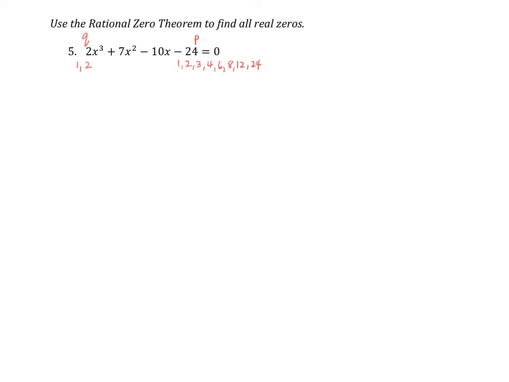Okay, so our possible rational zeros are plus or minus 1 over 1 and 1 over 2. 2 over 1 and 2 over 2, which is 1. 3 over 1 and 3 over 2. 4 over 1 and 4 over 2, which is 2. 6 over 1 and 6 over 2, which is 3. 8 over 1 and 8 over 2, which is 4. 12 over 1 and 12 over 2, which is 6.